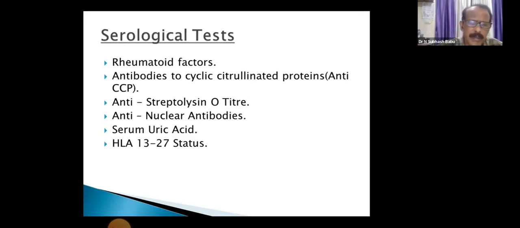And then serum uric acid. Everybody knows that serum uric acid is a common test which comes under renal function tests. But we are using it for diagnosing hyperuricemia and gouty arthritis.